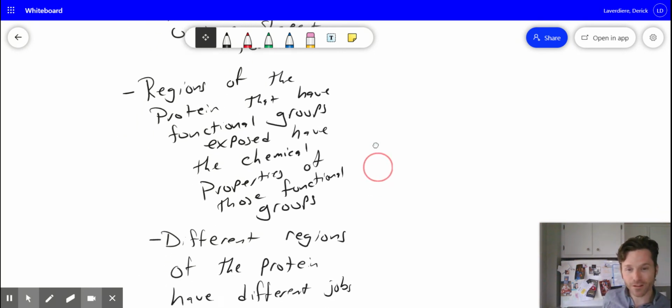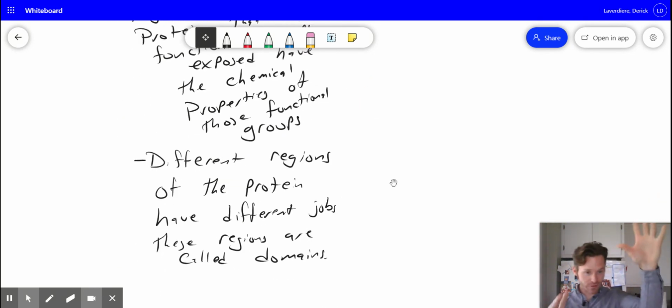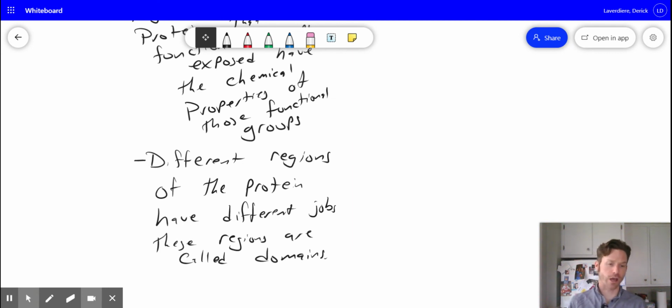Right? And the last little point is that different areas of the protein, different regions of the proteins will have specific jobs for the overarching larger job of the protein. Right? And so if this protein's job is putting Jell-O into a Jell-O cup and then putting a spoon into the Jell-O cup and then serving it to you at the restaurant, right?